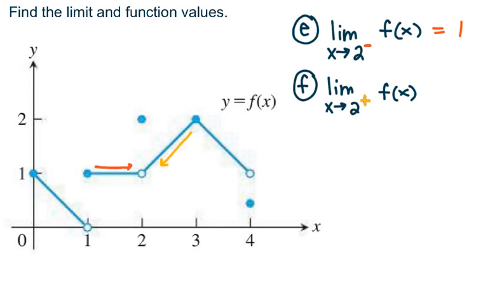And in this situation, we see that the y value that we are getting nearer to but never touching is 1. So for G, since the left-hand and the right-hand limits match, we can say that the limit as x approaches 2, my two-sided limit of the function, is equal to 1.